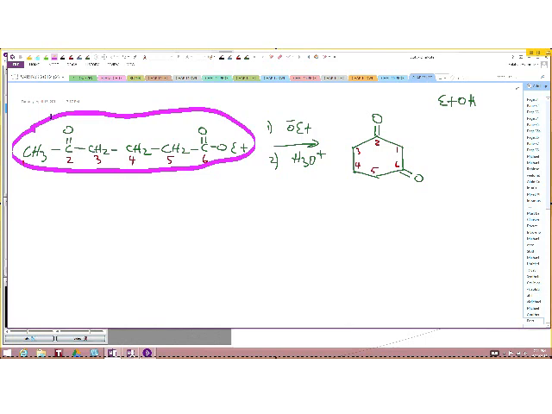There are several ways in which you can do this. Keep in mind, for a Michael addition reaction you need an alpha, beta unsaturated carbonyl. So if I have the double bond here, and this would be the ester, I form the enolate here, right? Follow that. And then I could do the Michael addition.